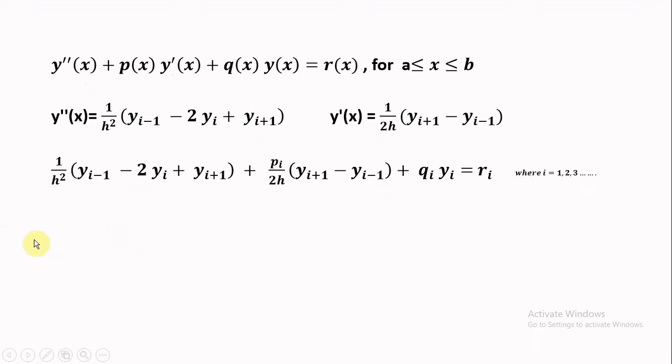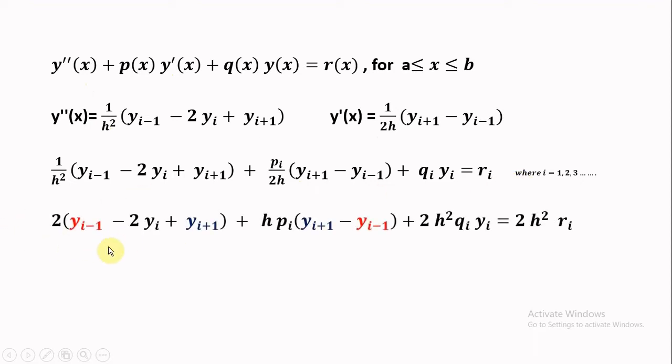Now if we simplify this equation further, taking the common LCM, 2h square will be the common LCM. So the first term will be multiplied with 2, the second term will be multiplied with h, and the remaining terms will be multiplied with 2h square.